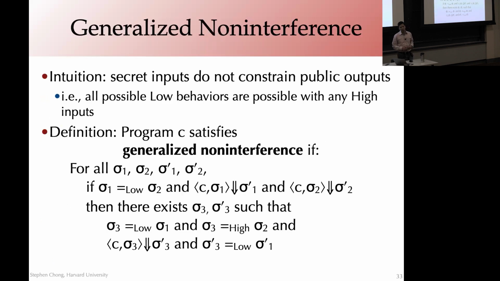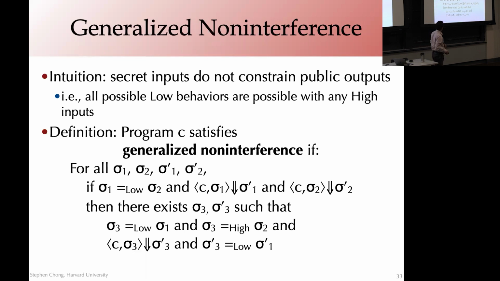One is known as generalized non-interference. And the key idea here is that the secret inputs do not constrain the set of possible public outputs. That is, any low observable behavior is compatible with any secret input. And the definition of generalized non-interference is a little more complicated.